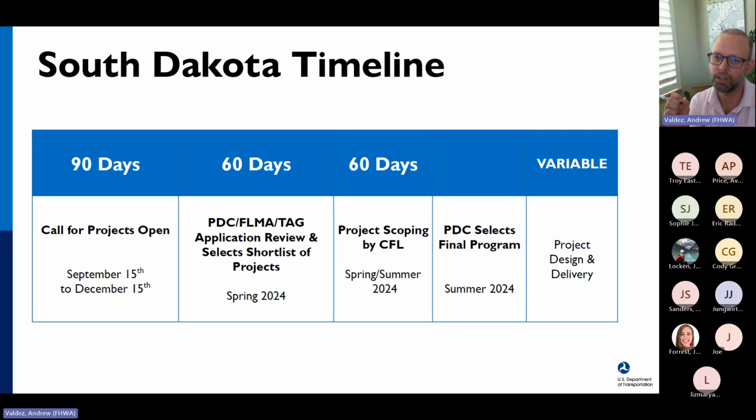Then we should have a short list and scoping efforts complete late spring, early summer, and a final program of projects, hopefully by the summer. The projects themselves, when we would actually do construction, is really all dependent on the projects themselves. So TBD on project design and delivery.